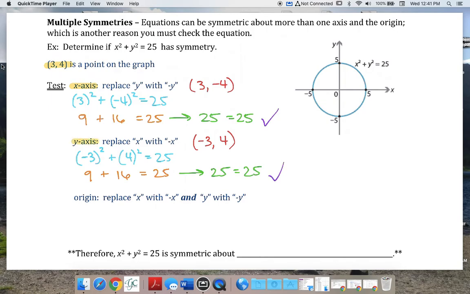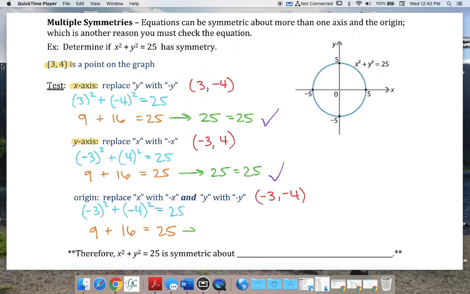So we said yes to x, we said yes to y. Let's check for origin. Now across the origin, this is where we're changing quadrants diagonally. So both x and y are switching signs. So this will be a -3 and a -4. So we'll plug in a -3 for x and a -4 for y. But again, we're still squaring these values, and when we square a negative number, we do get a positive. So it's a positive 9 plus a positive 16.